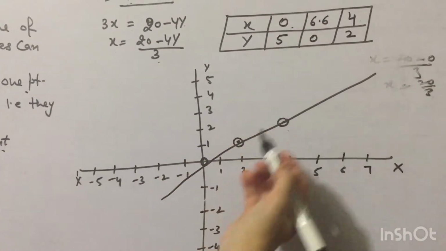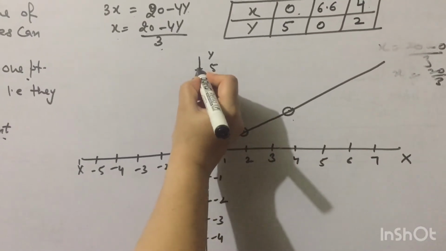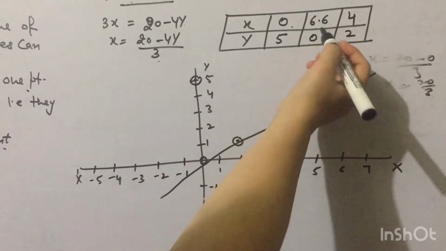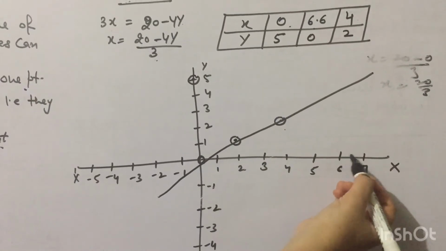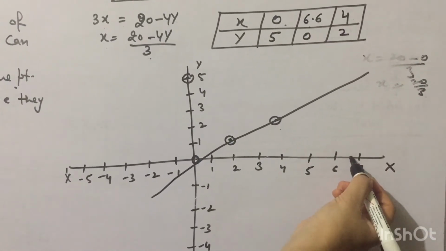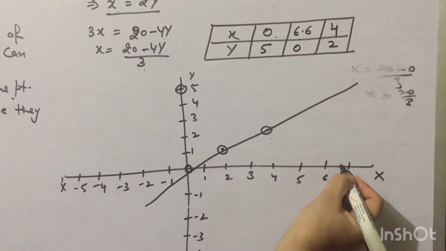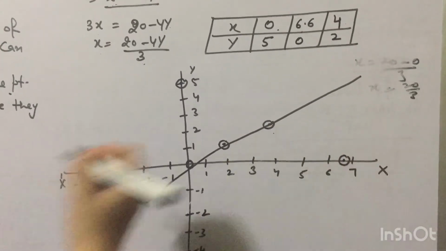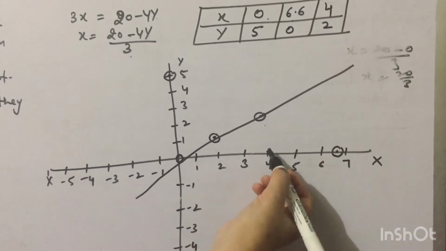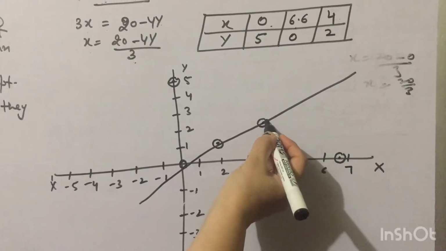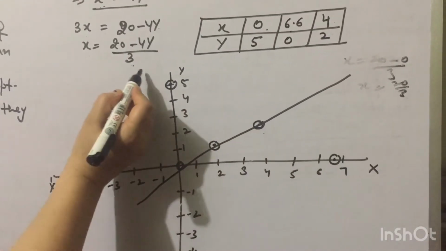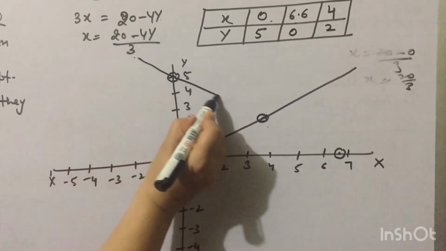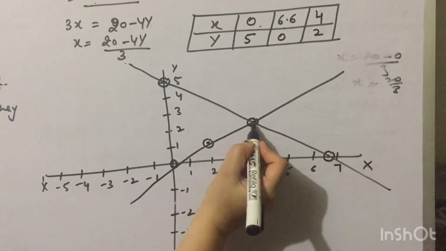Second table: x 0, y 5, and x 6.6, between 6 and 7, and y 0. Here we have to plot. Next x 4 and y 2. This is the common point. So we have to draw a straight line.